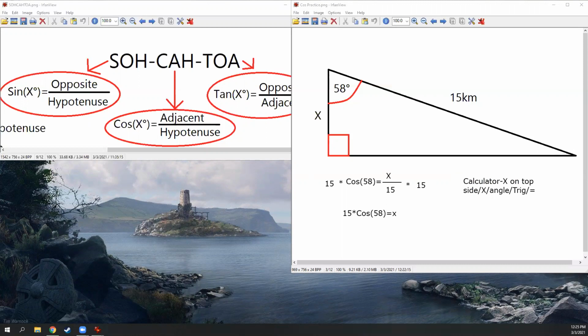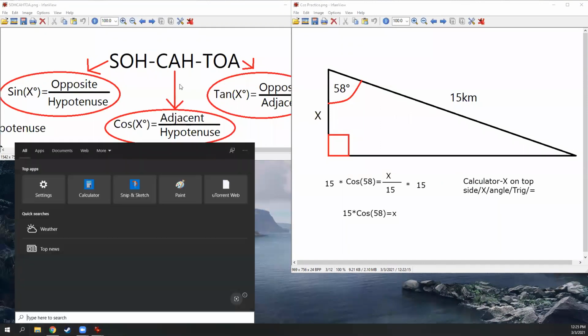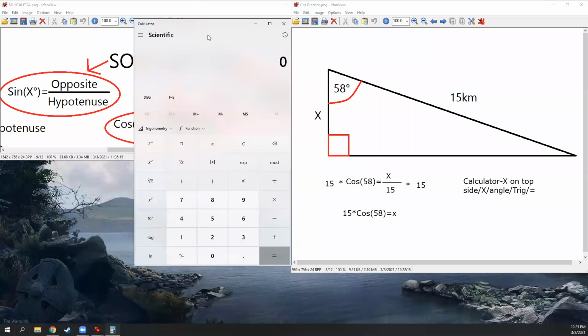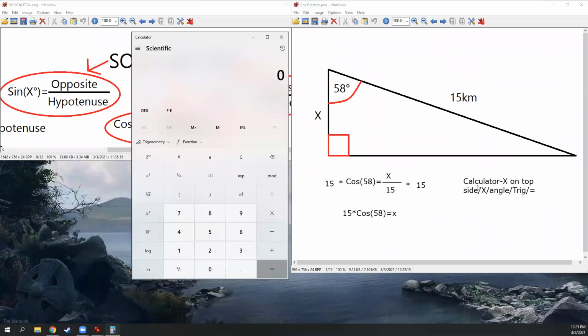So if we go to our calculator and we do exactly what I just wrote out, we'll have our answer. So 15 times our angle, 58, our trig function, which is cosine, and our equal sign.